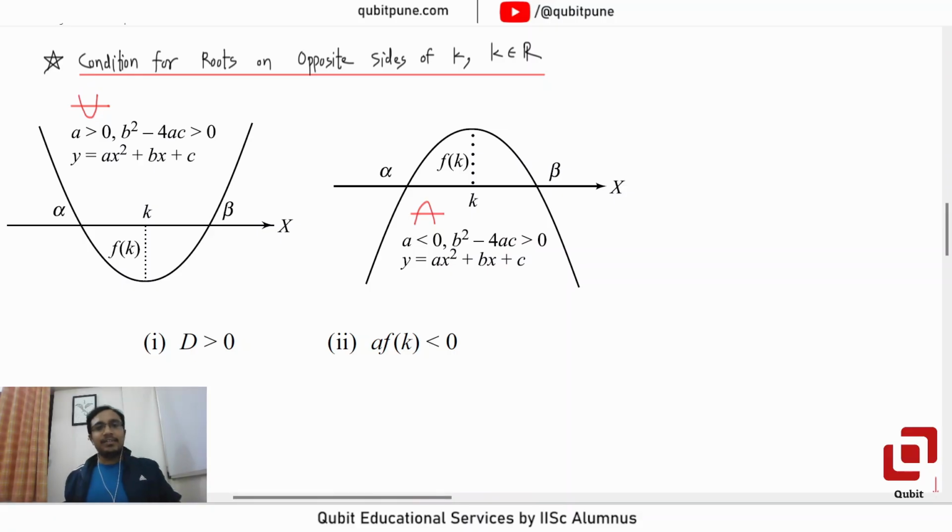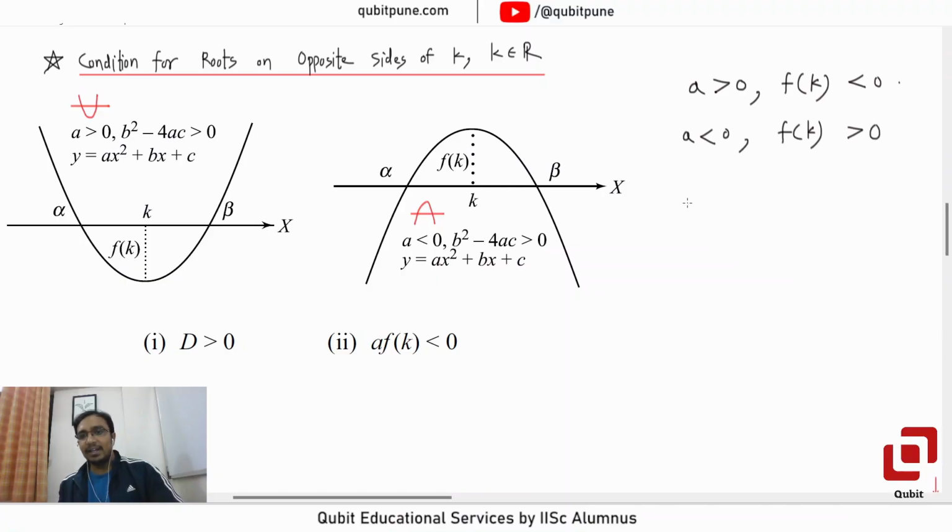Now, b squared minus 4ac greater than 0 is the common condition. But now we have to realize this. When a is positive, automatically f of k becomes negative, and if a is negative, then f of k becomes positive.